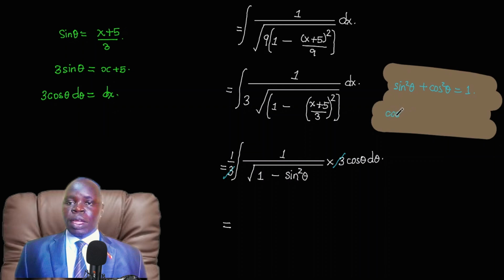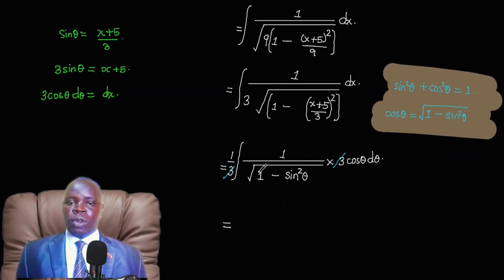So when you have here cos theta, meaning we get a root of 1 minus sine square theta. So from here you can see the denominator is exactly cos theta.